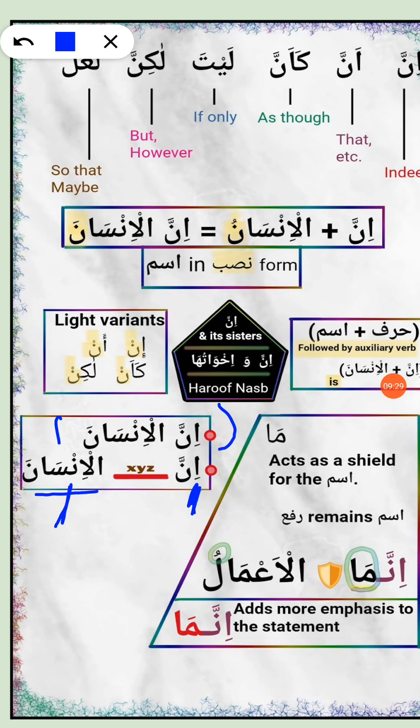That's why I have denoted this with xyz. So the harf and its ism may be right next to each other, or there could be some other word or words between these two.